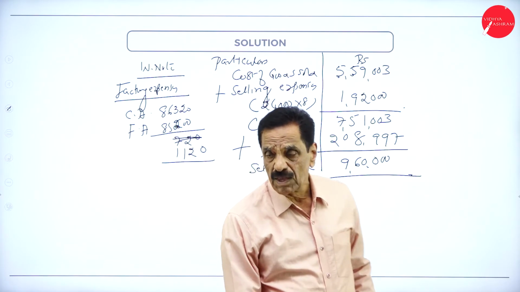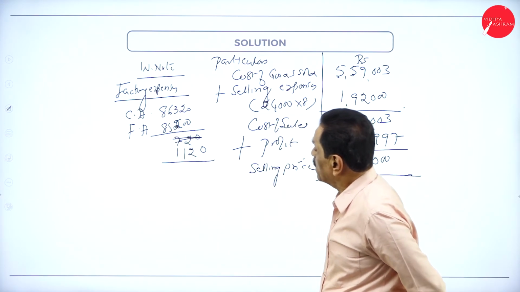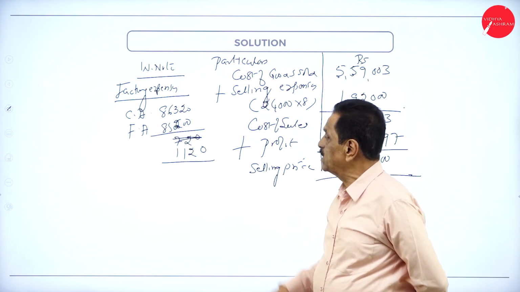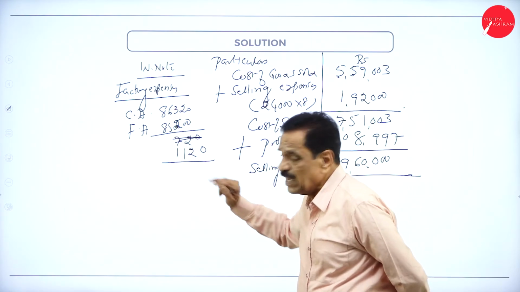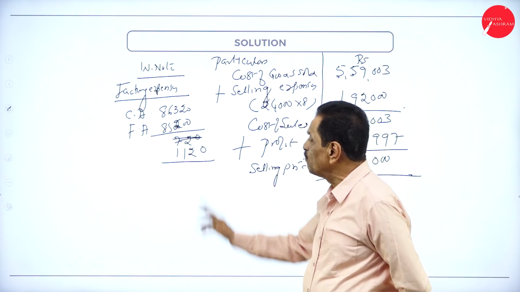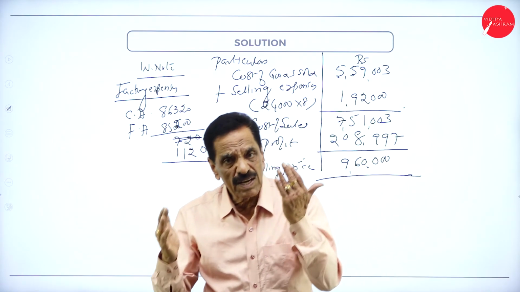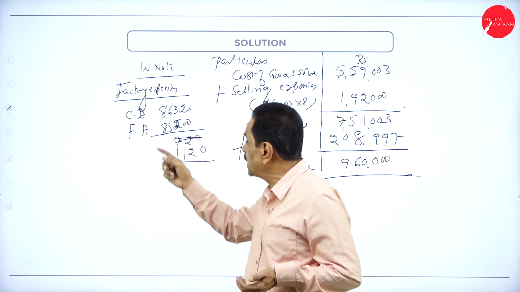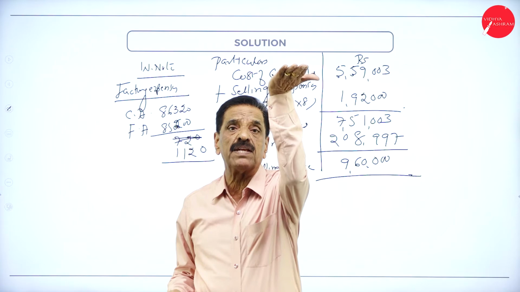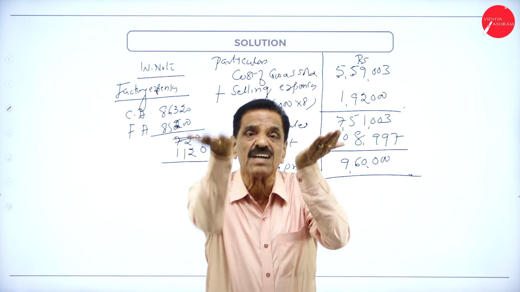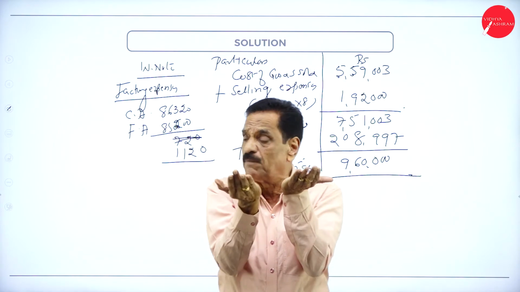See the board. Your cost accounts are charging 86,320, your financial accounts are charging 85,200. There is a difference of 1,120. Who charges more? CA. More charge, less profit. Less charge, more profit. Who charges less? FA. Their profit has increased by 1,120.